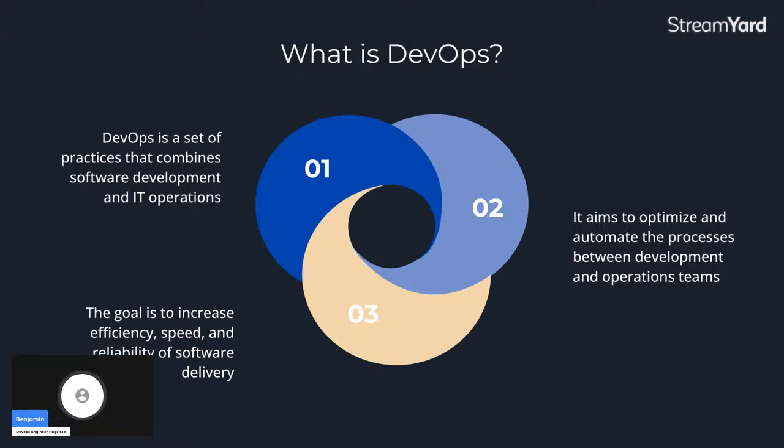So what is DevOps? DevOps is a set of practices that combines software development and IT operations, right? Let's consider a company that has a product.